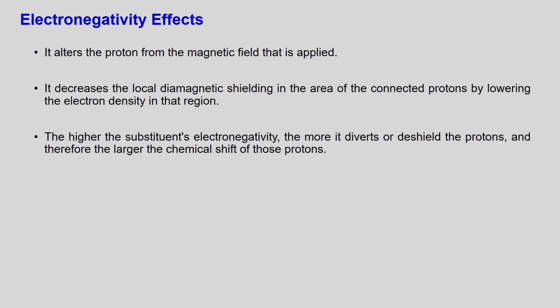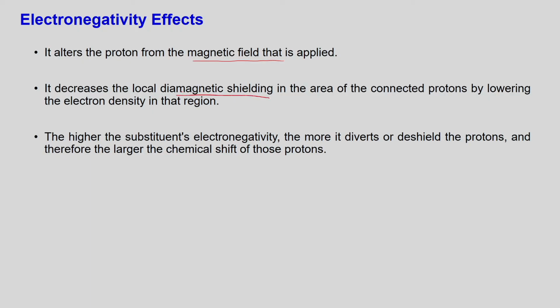Let us see. So, it will alter the proton from the magnetic field that is applied. We have been saying that it will try to deshield the nuclei which are attached to it. That is why it alters the magnetic field. So, it decreases the local diamagnetic shielding in the area of the connected protons by lowering the electron density in that region.